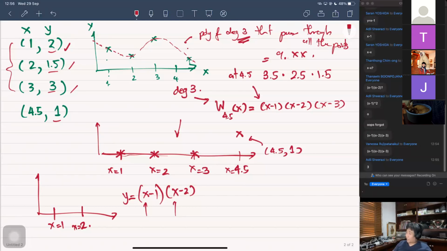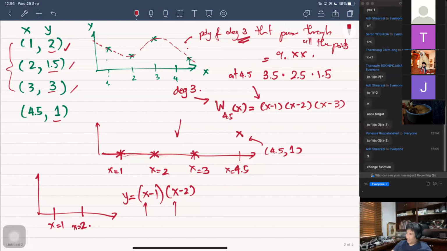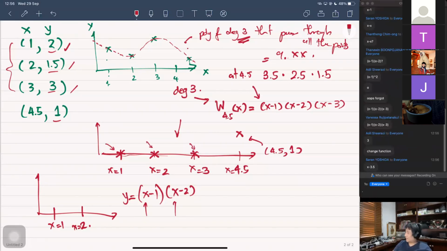Right, I want a polynomial that is 0 at 1, 2, and 3, but it has to be 1 at 4.5. And yes, we're going to fix the function, Adil.